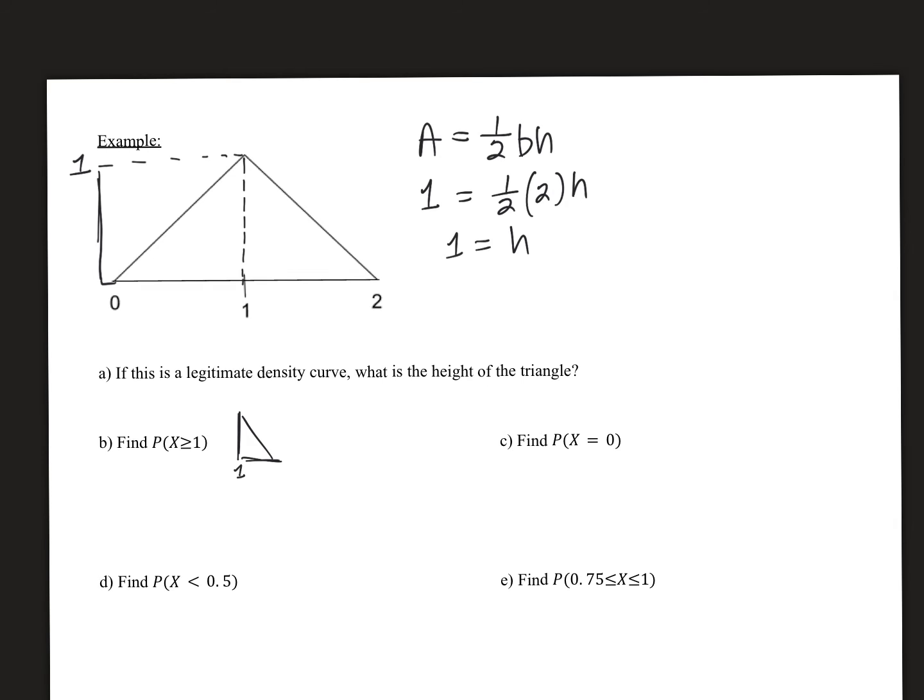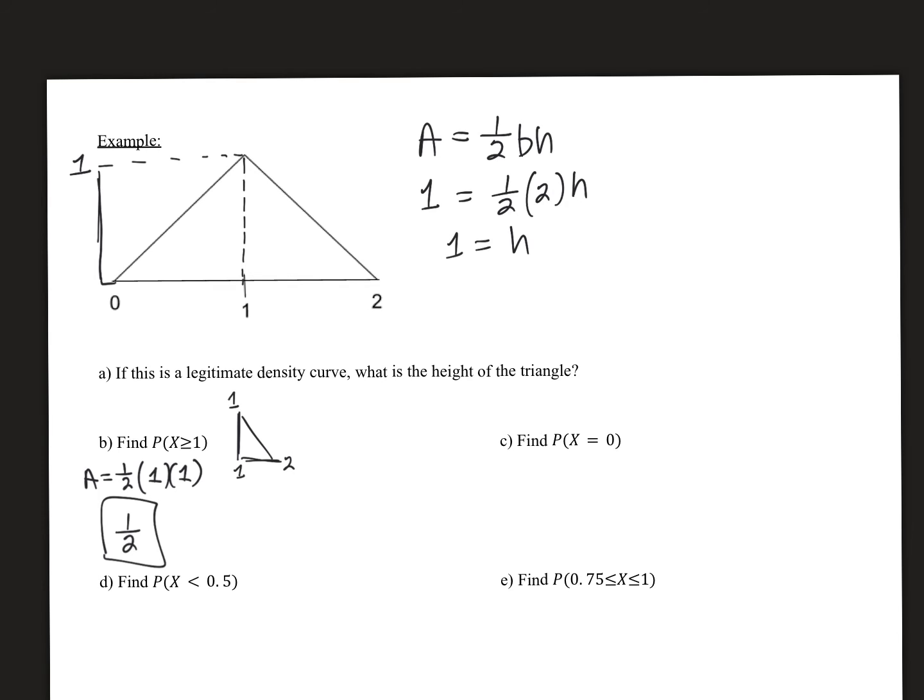This is where 1 is. This is 1 up here. And then this is 2. The probability x is greater than or equal to 1 is basically saying what's the area of that triangle. So our base is going to be the distance from 1 to 2, which is 1, and our height is 1. So we get 1/2.